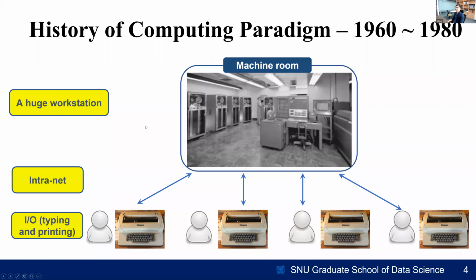Then multiple workers remotely access the workstation through intranet. Intranet is a small local area network which is very different from the internet that connects all over the world these days. So in that period of time, the main computing paradigm was on the server here, right?